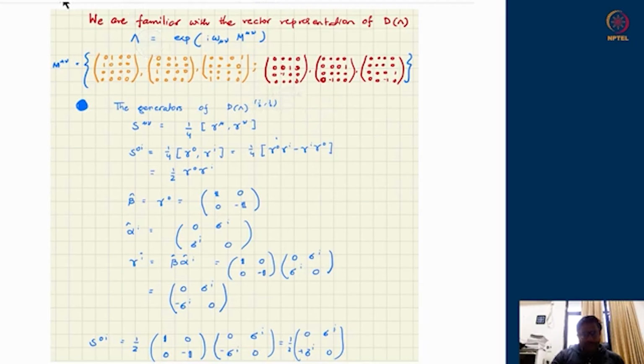Previously we had seen that the spinor representation can be factored into a double copy of the rotation group, written as spin half representation. So a double copy of spin half representation is equivalent to the spinorial representation, and therefore I am calling it D lambda half representation. This is also a 4x4 matrix, but it acts on a spinor which has 2 copies of spin half objects, xi1, xi2, xi3, xi4.